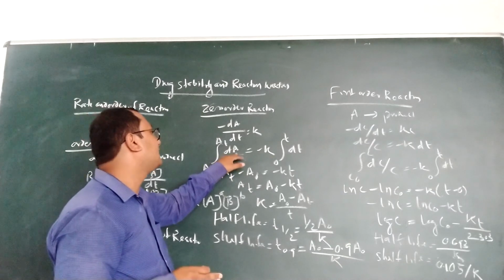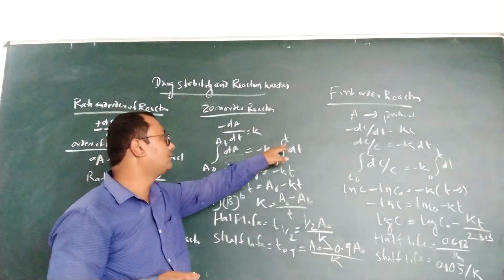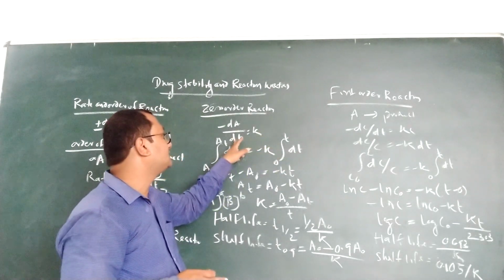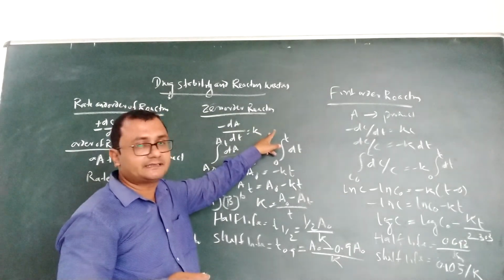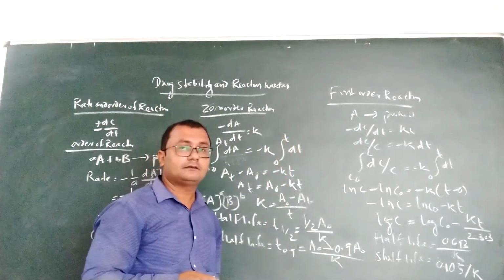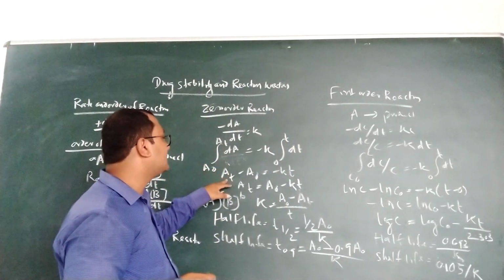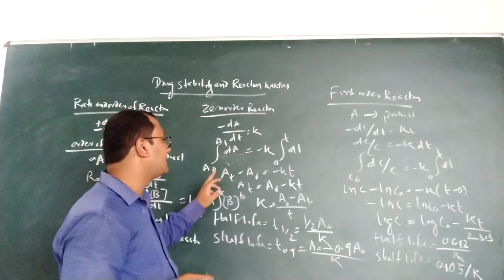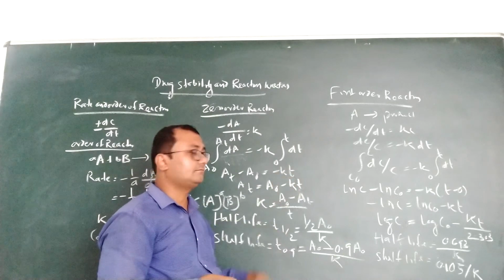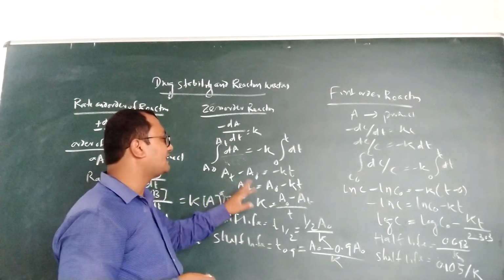When we integrate, we get minus K, and dt we take to the right side, with the integration limits from 0 to t. After integration of dA, we get At minus A0 is equal to minus Kt.